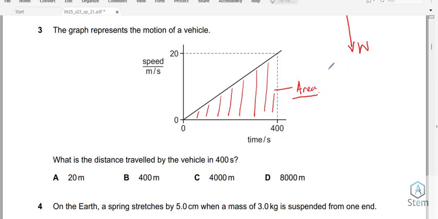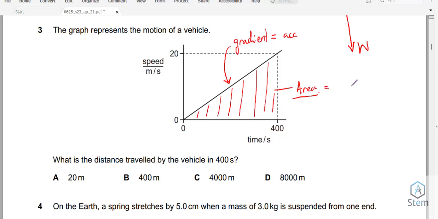Something to also take note of, although not relevant for this question, is that the gradient of the speed time graph has a meaning, and gradient is equal to acceleration. Okay, now back to area of this graph.